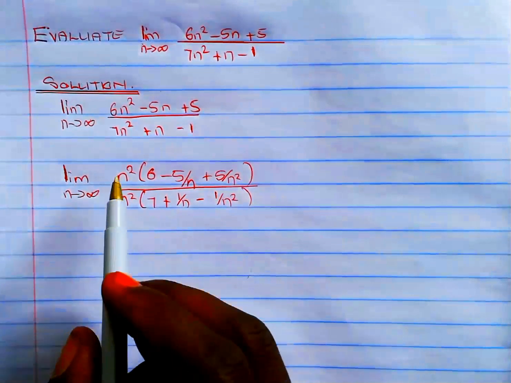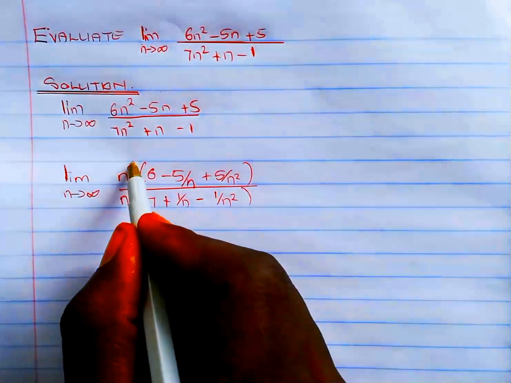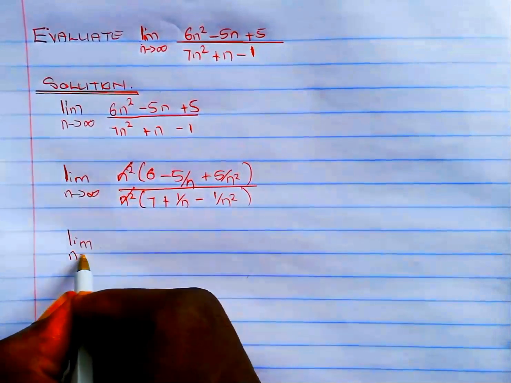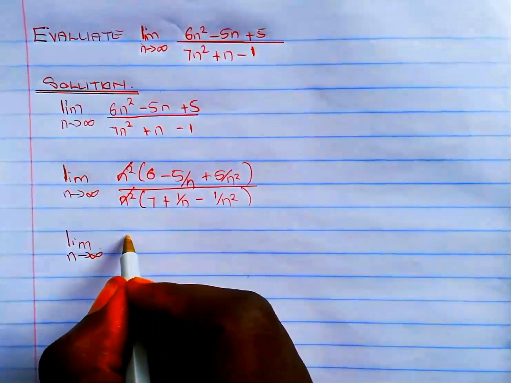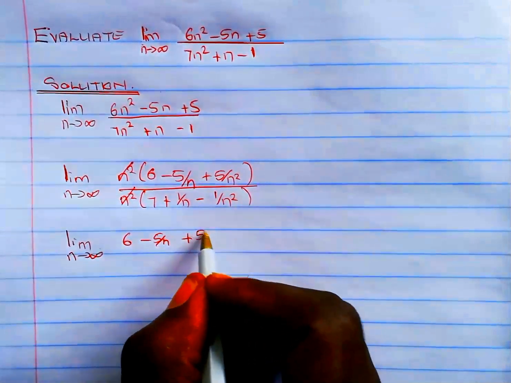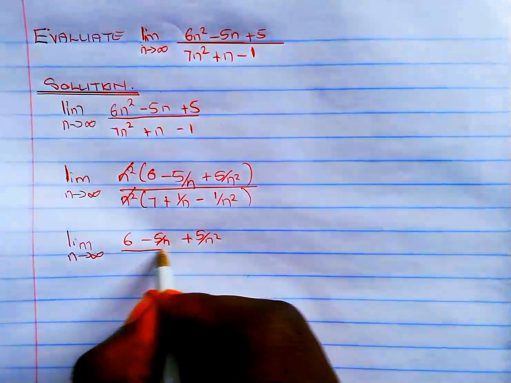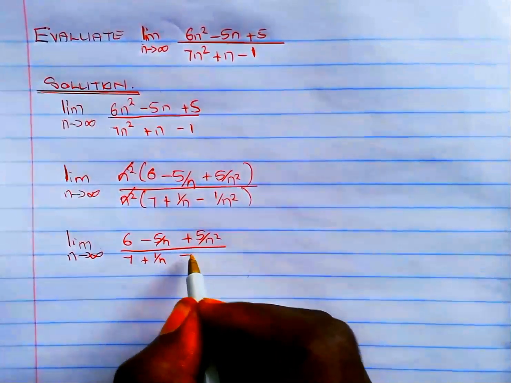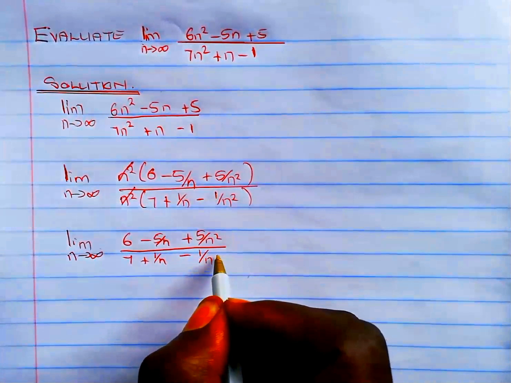So we can see that this n squared will cancel out. Then we get the limit as n approaches infinity of (6 minus 5 over n plus 5 over n squared) all over (7 plus 1 over n minus 1 over n squared).